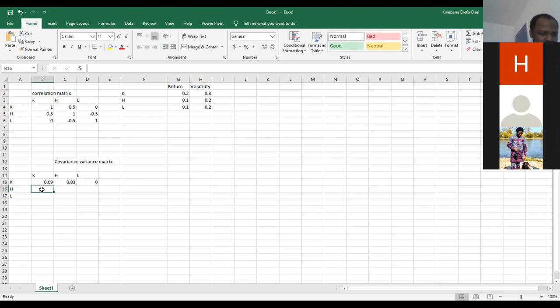So when I come to this, I'm going to have H and K, which is equal to the same 0.5 for H and K. And this one is the same as 1 times the variance of H. And H and L is negative 0.5 times the volatility of H and L.